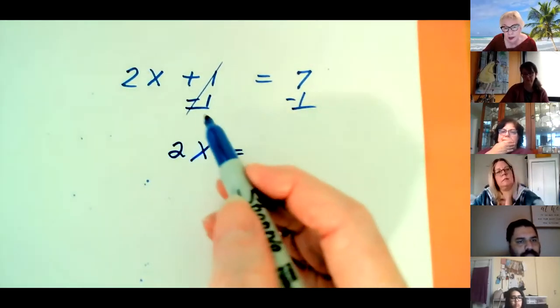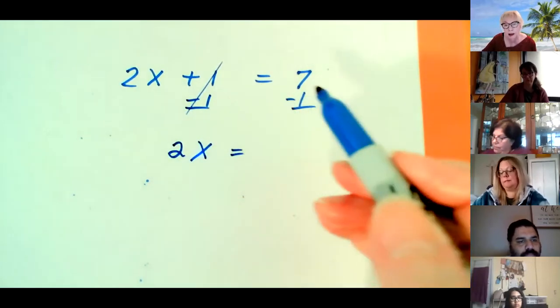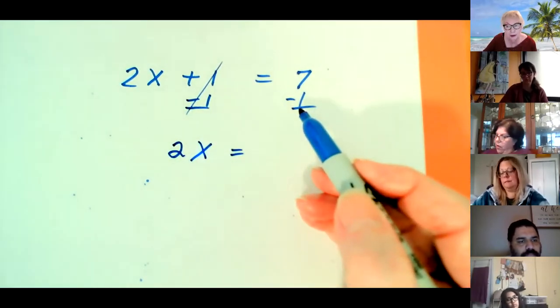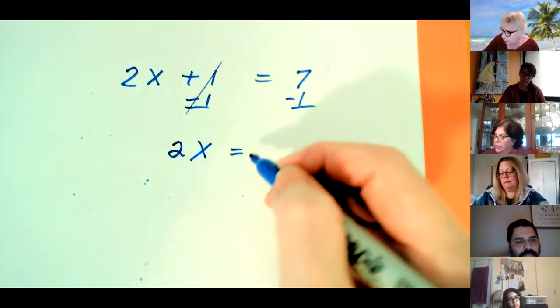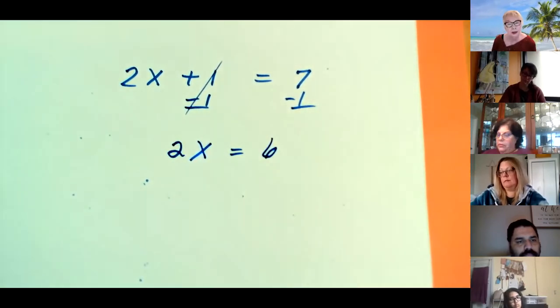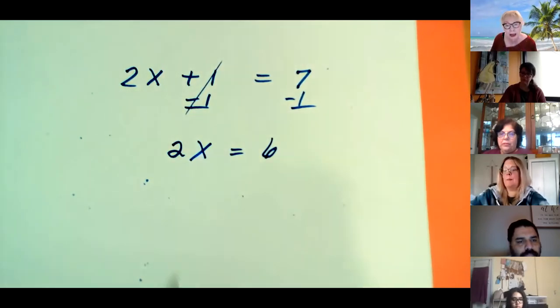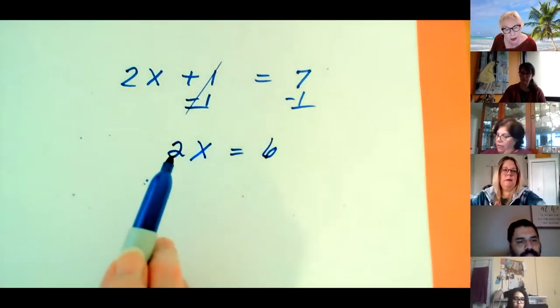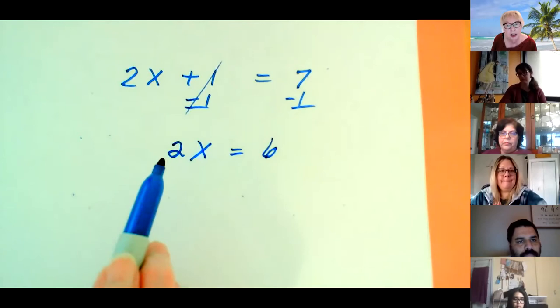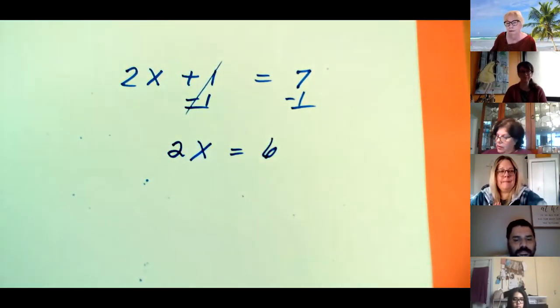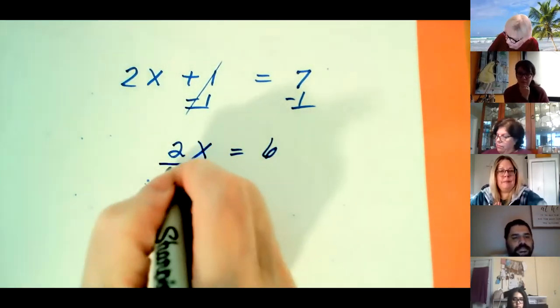When I do something on the left, I go ahead and do it on the right so I don't forget. 7 take away 1 is 6. Now we're back to a one-step problem. The x is multiplied by 2. So my decision is to divide.